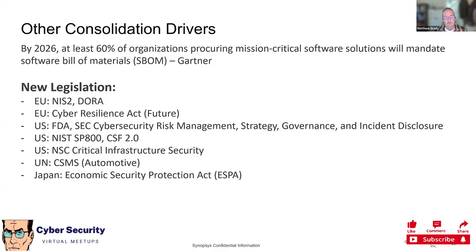And then DORA is very much the same and more specific for financial inside the EU. And both of these carry huge punitive damages if you don't comply. So they are really serious problems. And then other things there, we've got the Cyber Resilience Act coming along from the EU, probably going to be made into law next month, and that will become a thing, probably requiring SBOMs.